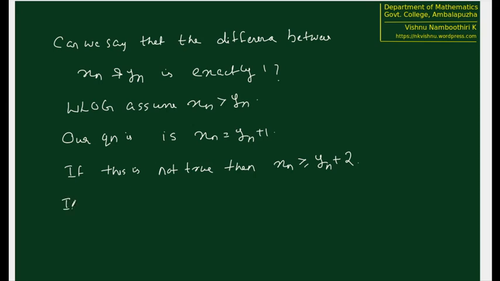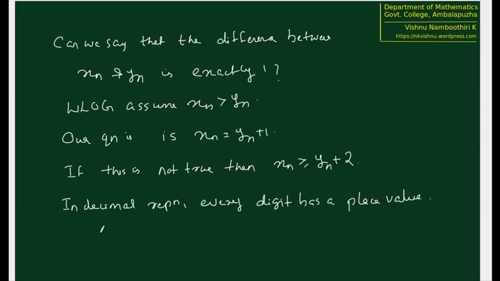Now for this xn and yn, let 10 raised to m be the position value or place value of xn and yn. We will see this using one example.